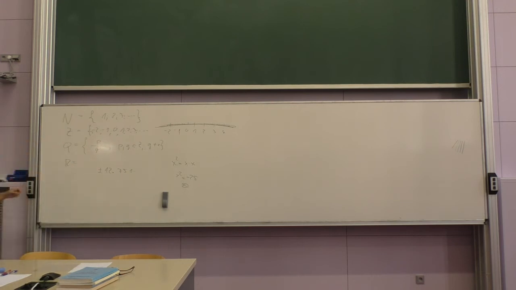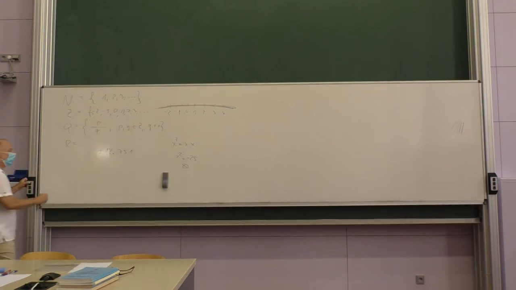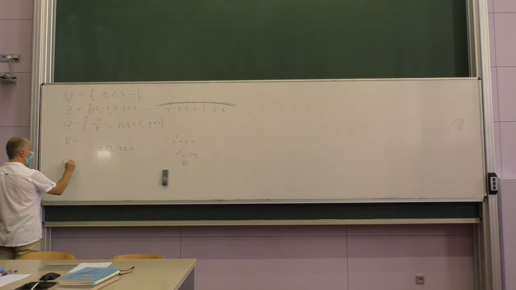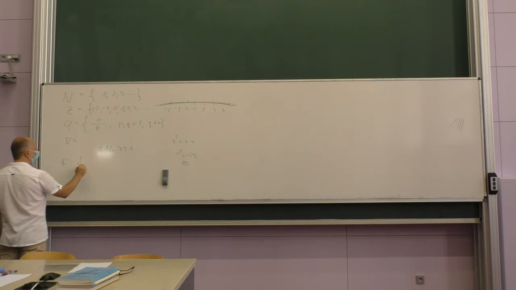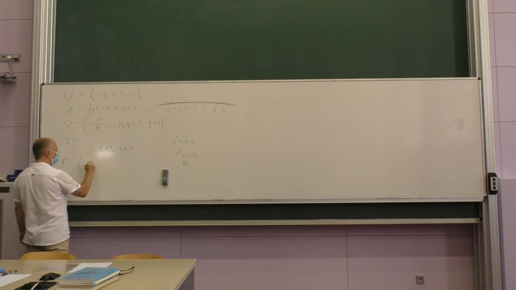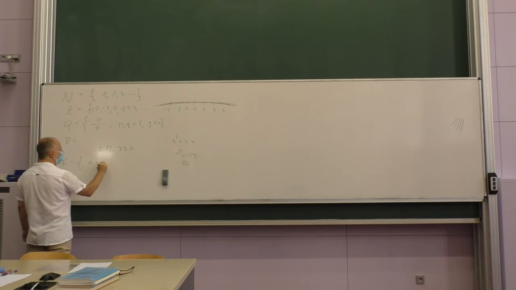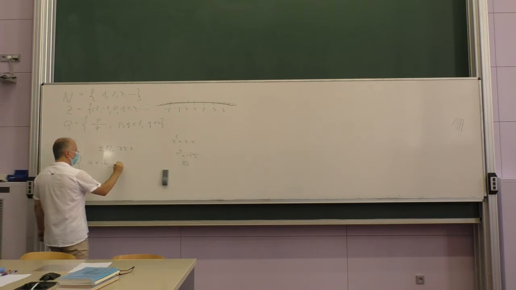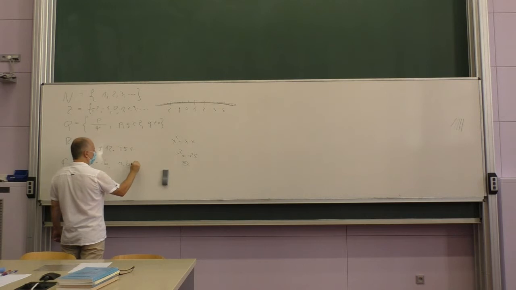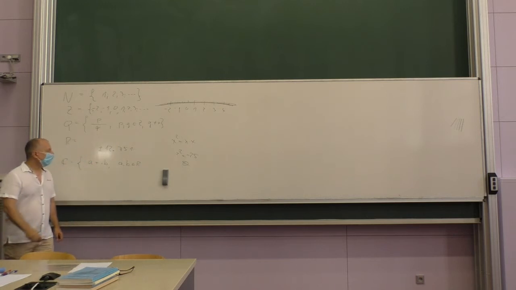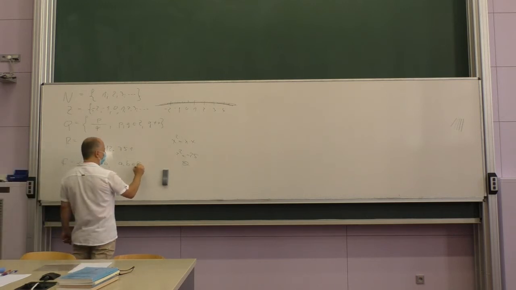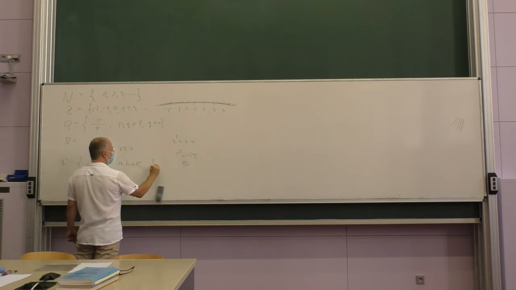And for this purpose, we generalize real numbers to complex numbers, and this is the set of all the expressions in the form a plus ib, where a and b are reals, and i is the special object satisfying that i squared is minus 1.